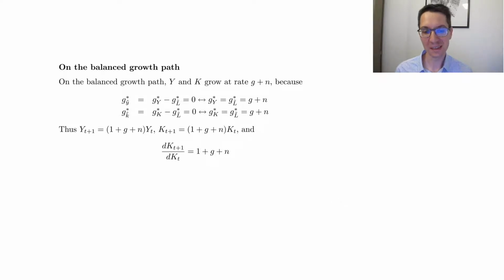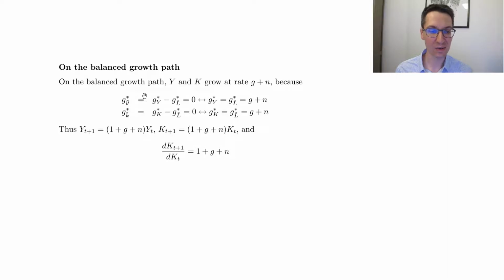Something I didn't say explicitly here, but that we can find easily, is that on the balanced growth path, capital Y and capital K, so output and capital stock, grow at rate g plus n. We find this in exactly the same way as before. So we know that the growth rate of output per effective worker on the balanced growth path is 0.